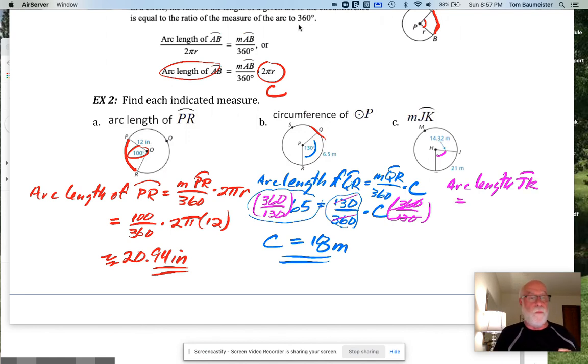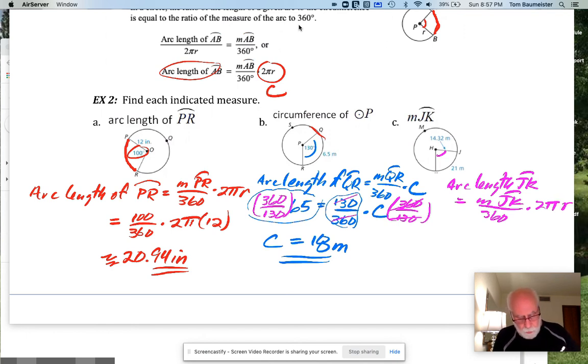I tried to put all 3 of them here for you so I would only have to use one sheet of paper, is equal to the measure of the arc JK in degrees over 360 times 2 pi r.